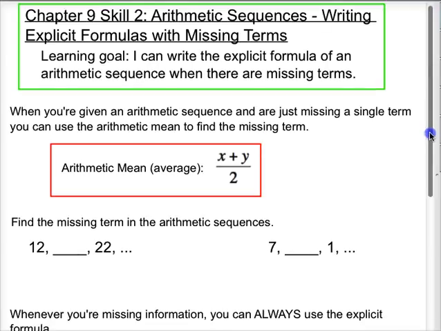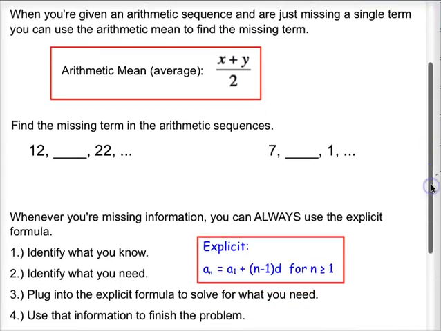So our little handy formula here is, if you want to find those missing terms, so you want this number right here, all you have to do is average the numbers around it. So take 12 plus 22 and divide by 2.